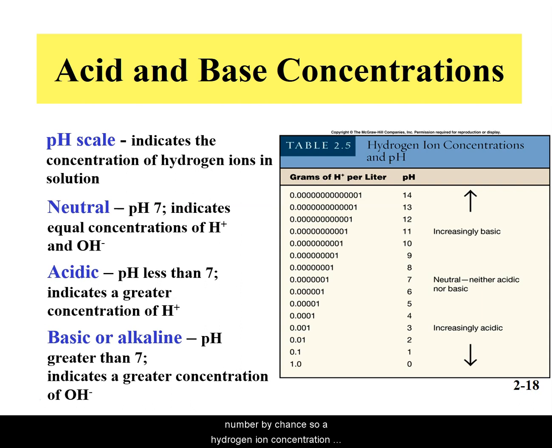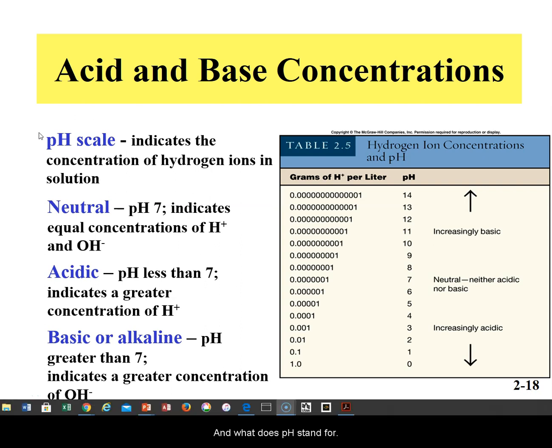So a hydrogen ion concentration difference between solutions of pH 2 and pH 3 is tenfold, and between pH 2 and pH 4 is 100-fold, and 2 to 5 is 1,000-fold. So it is based on the rules of tens logarithmically.